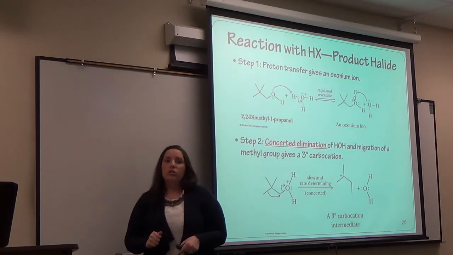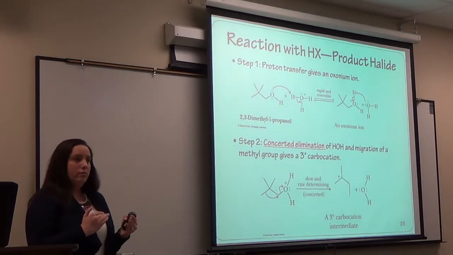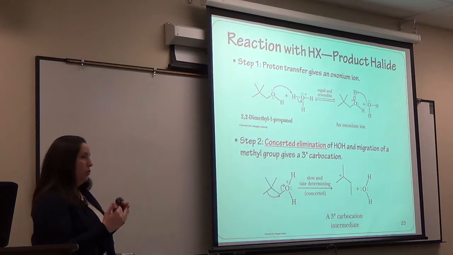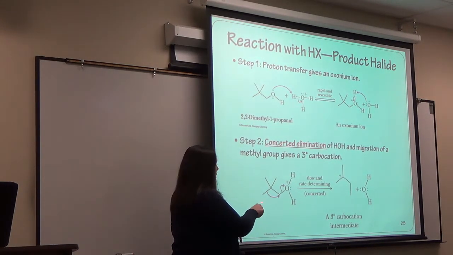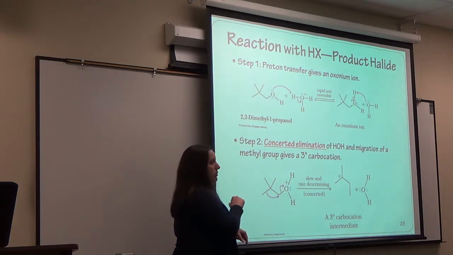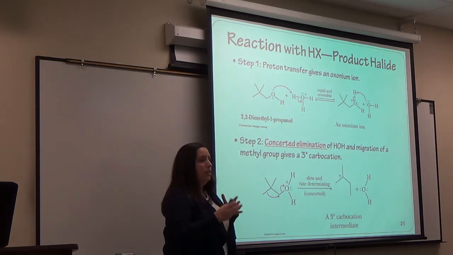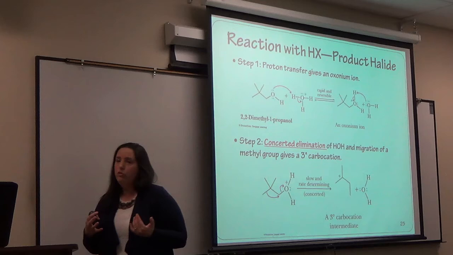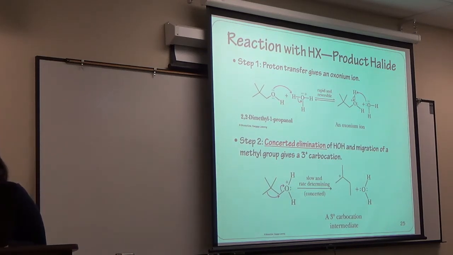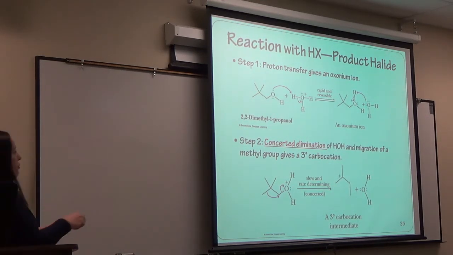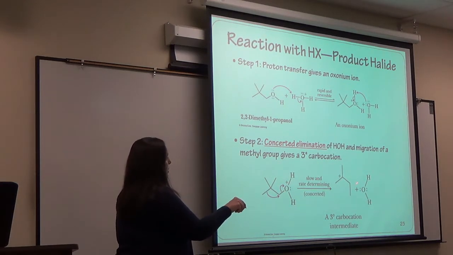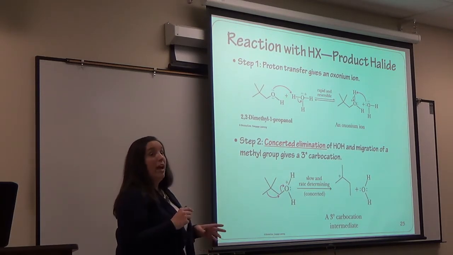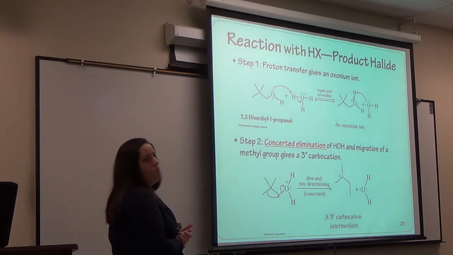So you have to have a concerted mechanism also, but the concerted part here is not the nucleophile attacking, but the alkyl shift has to happen. It's still concerted, but a little bit different. Not a nucleophile here. So you're converting the primary to a tertiary carbocation. You have to.